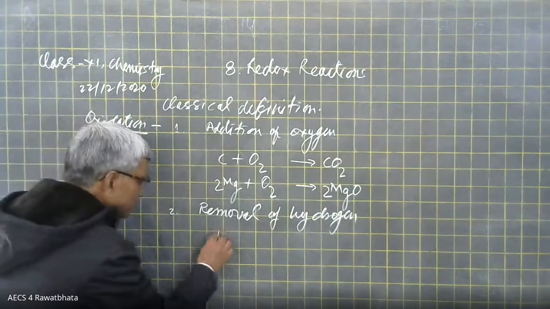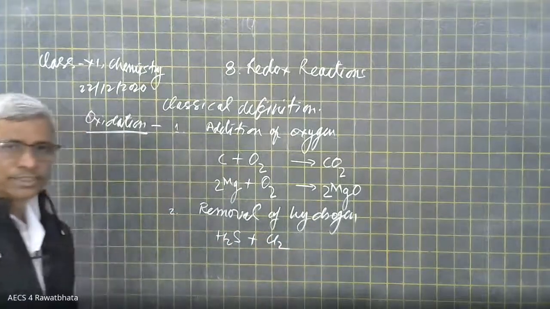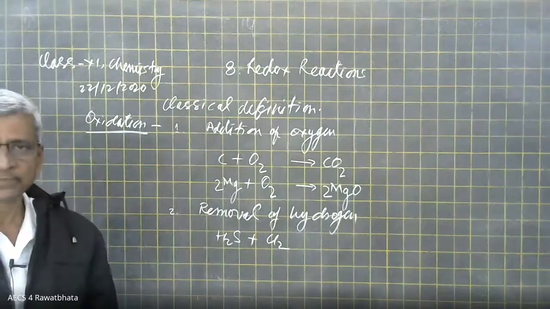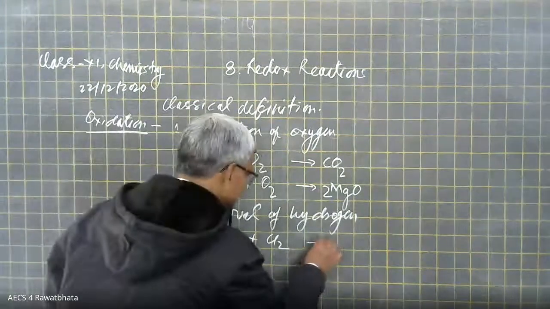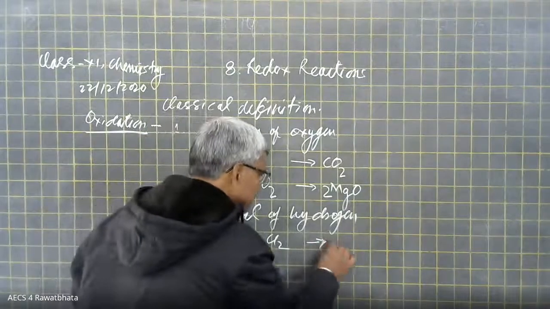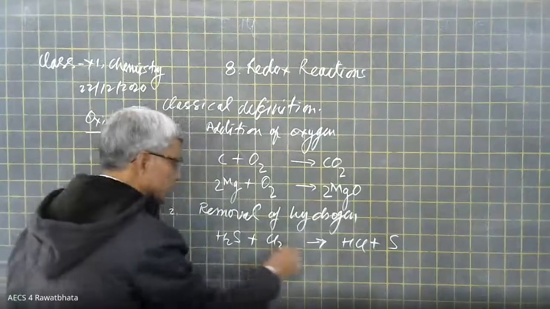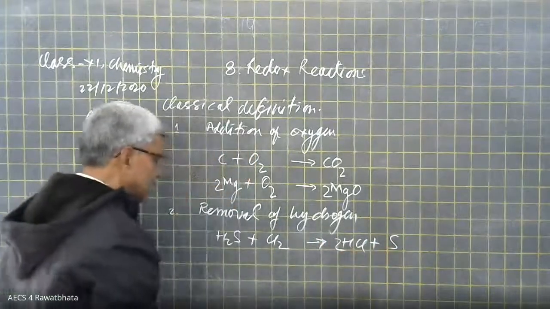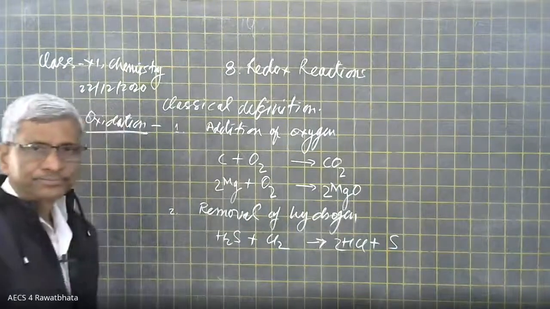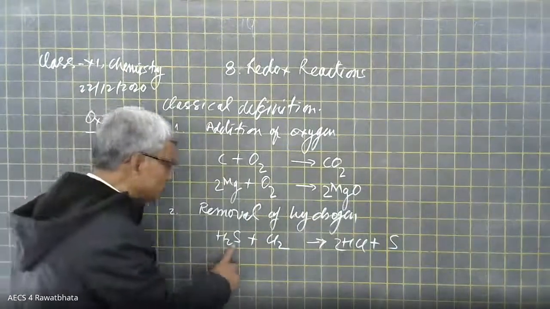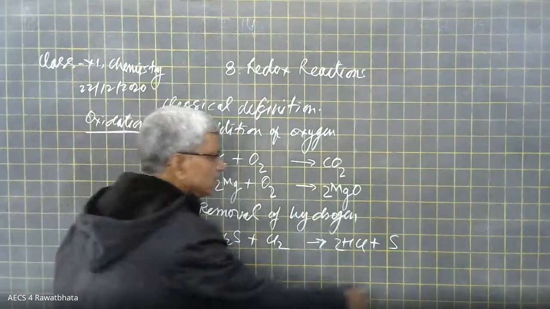One example: H2S plus Cl2, hydrogen sulfide combines with chlorine, an electronegative element. It gives 2HCl, hydrogen chloride, plus sulfur. Here hydrogen is being removed from sulfur, so sulfur is going to oxidize. From H2S, sulfur gets oxidized into sulfur.